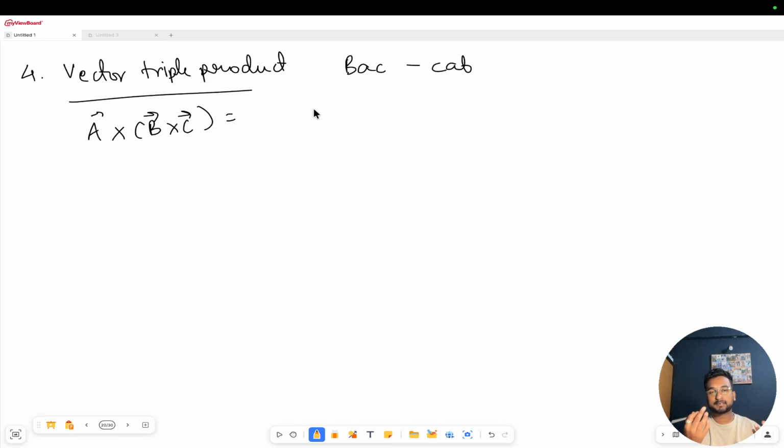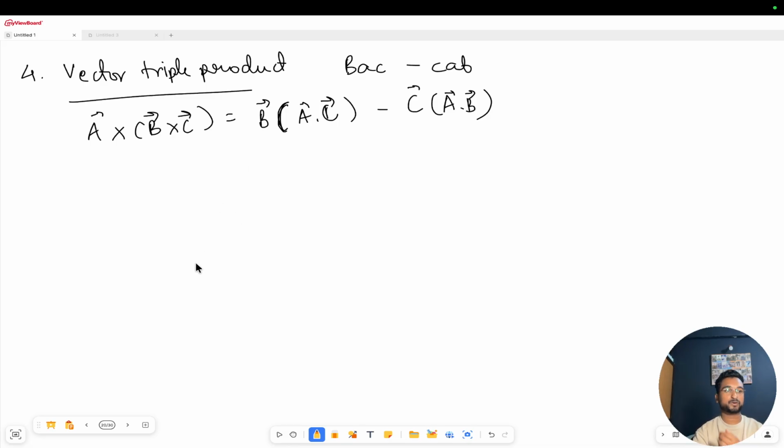Cab is like a driving vehicle, transportation. So that is cab and back. You can write it as B into A dot C, this is back, minus cab, C into A dot B. So this is the formula for vector triple product.